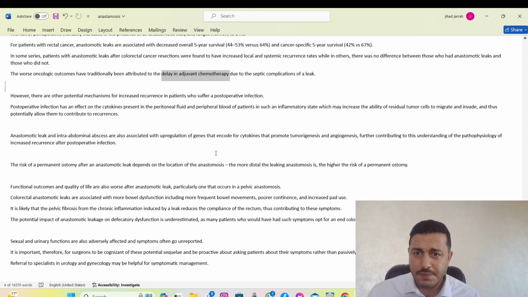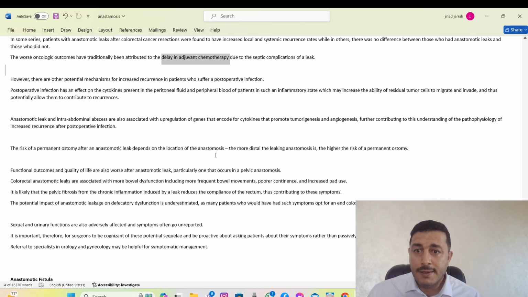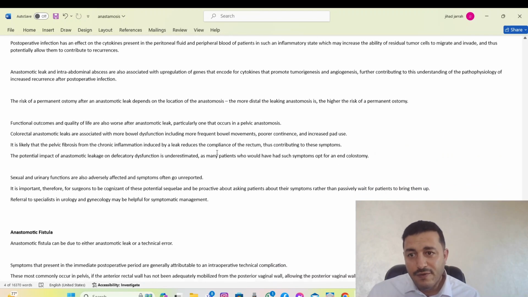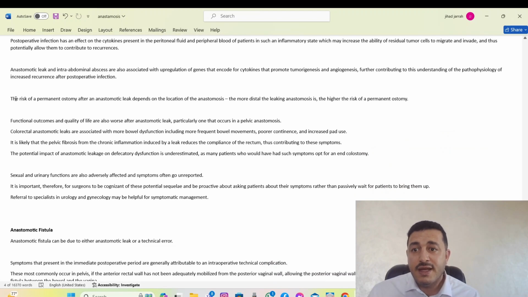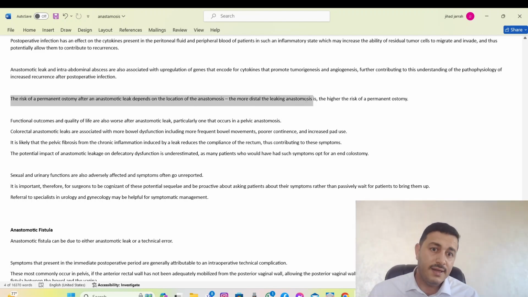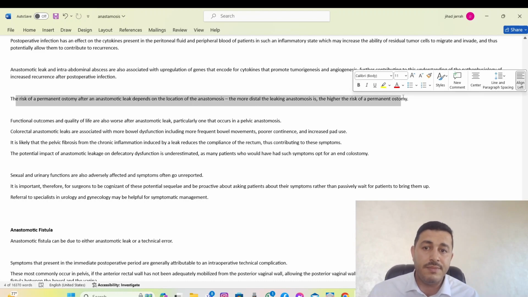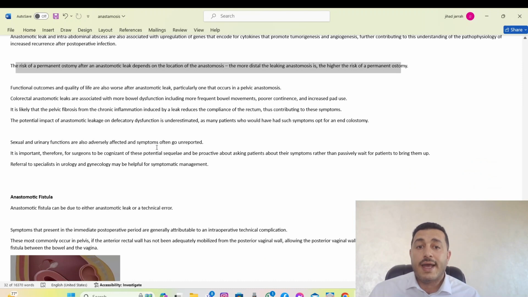Also, here I want to show you, for the third time, I repeat it, the risk of permanent stoma after anastomotic leak depends on the location. The more distal the anastomotic leak, the higher the permanent stoma. Again, we have a problem with the functional outcome and the quality of life after anastomotic leak.